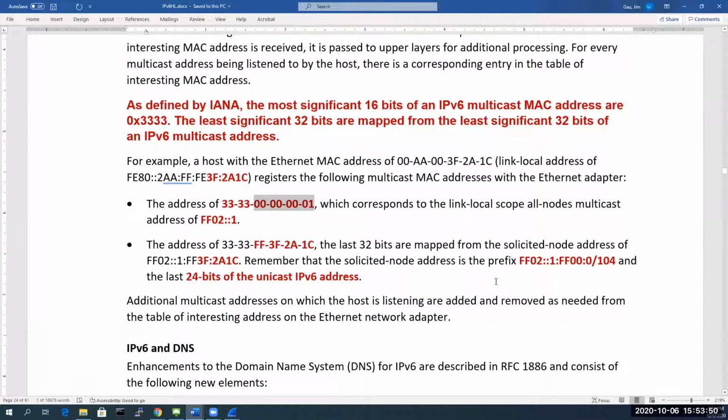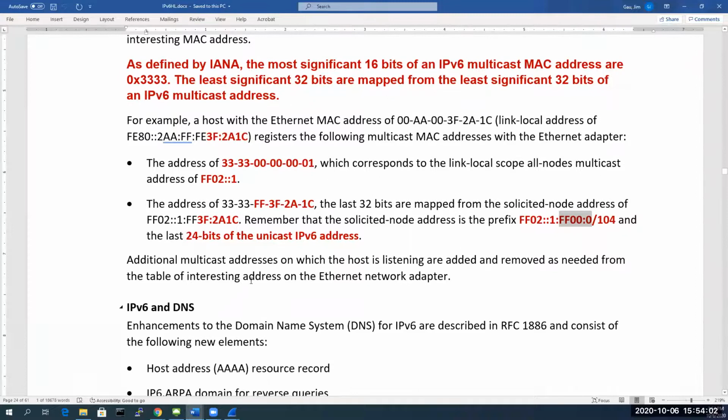And then if we use neighbor solicitation, then you will copy this 32-bit address, including the FF in here. So therefore, the multicast address will be 33. I didn't write it here. Yeah, that's 3333, and then this will be that.